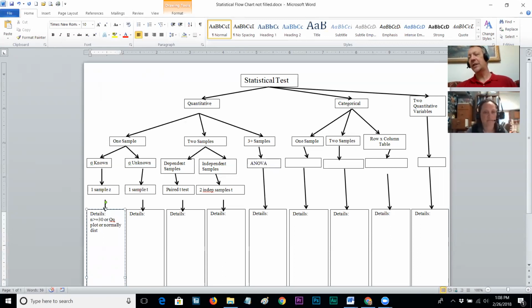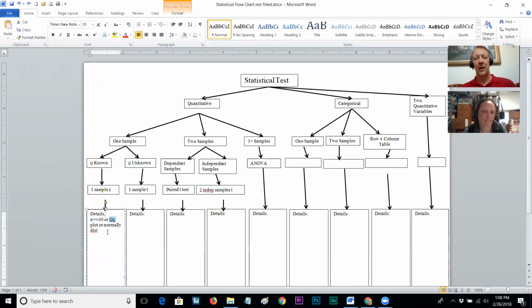If the population is known to be normally distributed, you could get away with a small sample, although I don't know anybody in their right mind who would do that. If the problem says it's normally distributed, you don't need to worry about any of this. If it doesn't say that, then you should either have n greater than or equal to 30, or get a QQ plot that looks normal.